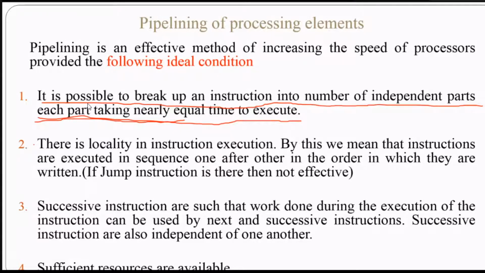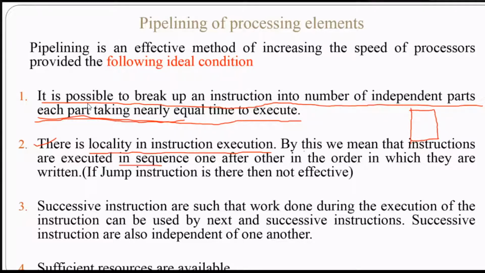So there is a locality in instruction execution. By this we mean that the instructions are executed in sequence, one after another, in the order in which they are written. It means that suppose ये आपका program है, तो आपके program में pipelining जो आप implement करोगे, वो advantage कब देगा?